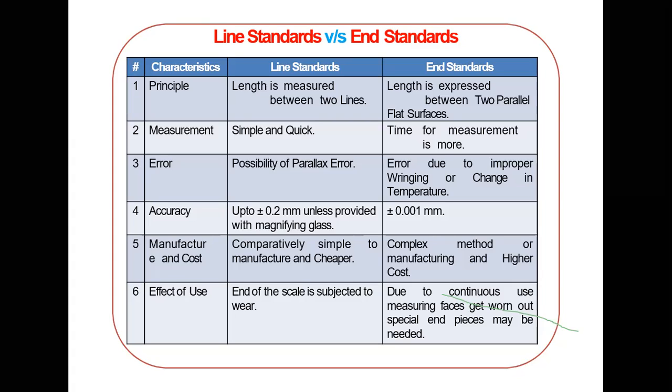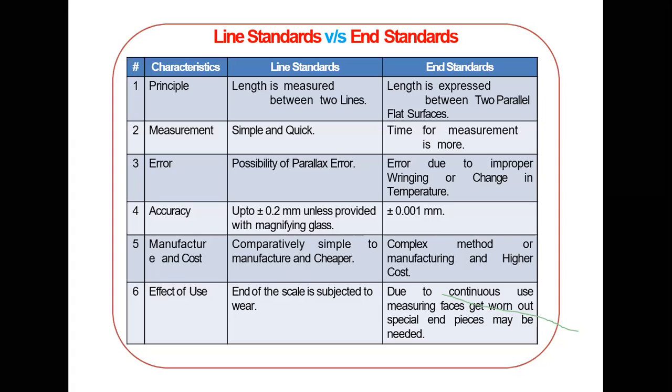Second characteristic is the measurement. What is the time of measurement? How much time can it take? For the line standard, it is simple and quick. But for the end standard, the time for measurement is more. When you take a reading on the scale, it will take only 5 to 10 seconds.